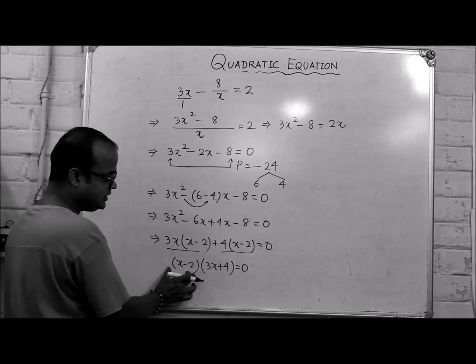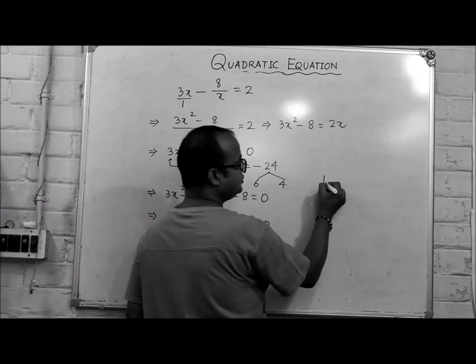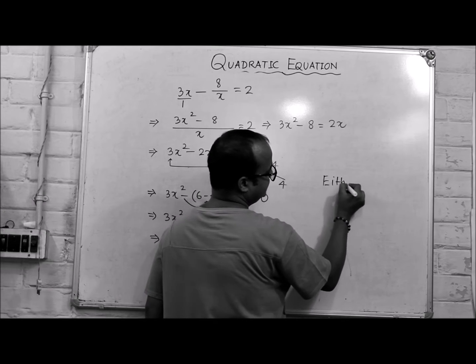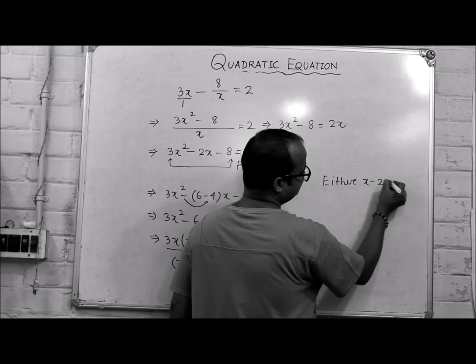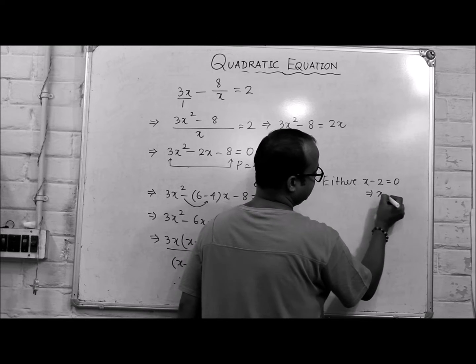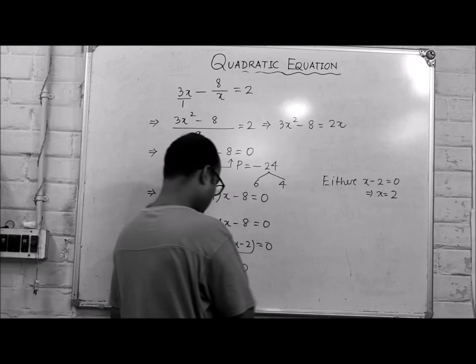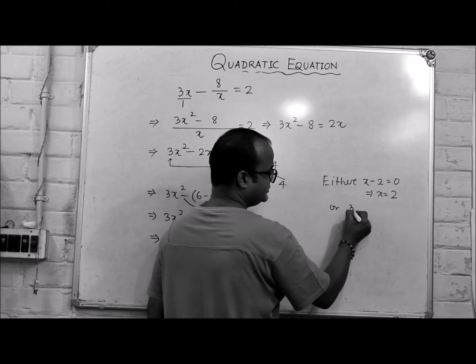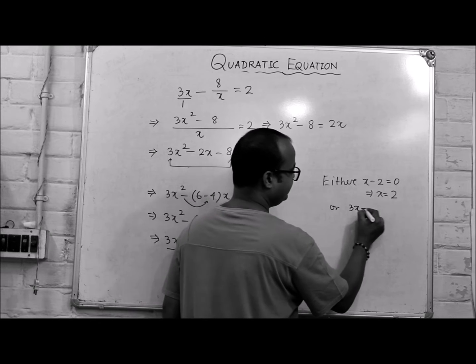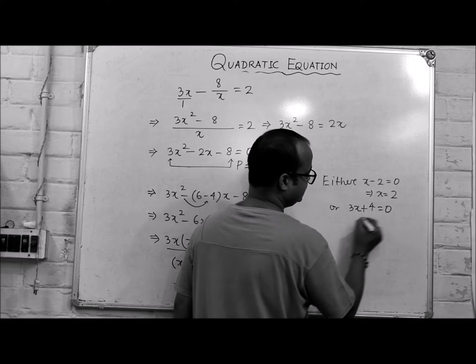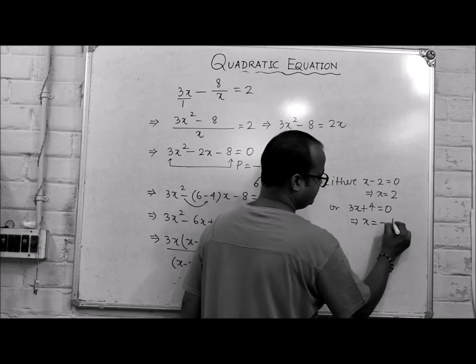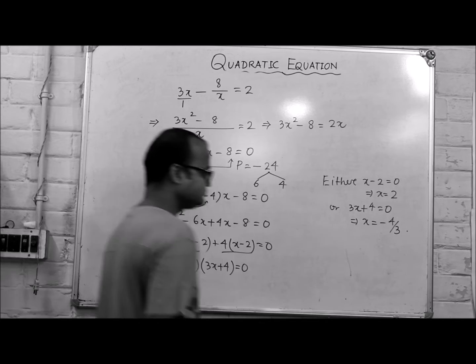Therefore, either x minus 2 is equal to 0, it implies x is equal to 2, or 3x plus 4 is equal to 0, it implies x is equal to minus 4 by 3.